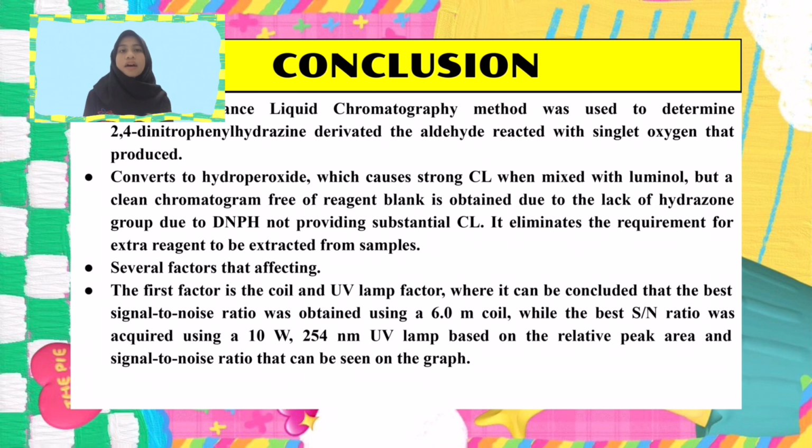There are several factors affecting it. The first factor is the coil and the UV lamp, where it can be concluded that the best signal-to-noise ratio was obtained using a 6-meter coil, while the best signal-to-noise ratio was acquired using a 10-watt 254 nanometer UV lamp, based on the relative peak area and signal-to-noise ratio that can be seen on the graph.